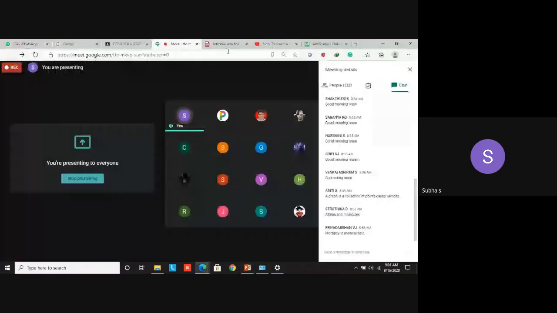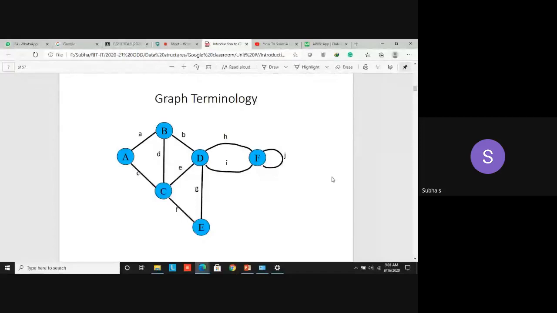So now we move on to different terminologies. So far we have told just the basic definitions only. Shall we call this representation a graph? Yes, this is a graph. It has 6 vertices: capital A, B, C, D, E, and F are called vertices.